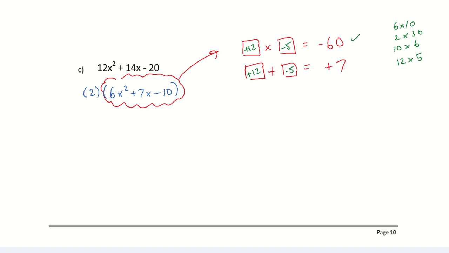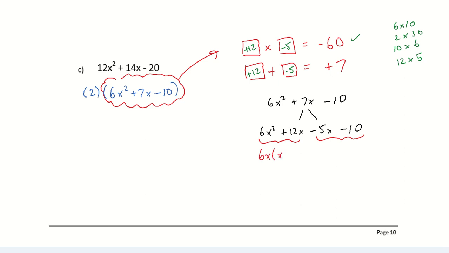Then I'm going to take 6x squared plus 7x minus 10, and split it up into plus 12x minus 5x, like so. And then I'm going to 2 and 2 group. Here I'm going to take out 6x, leaving me with x plus 2.